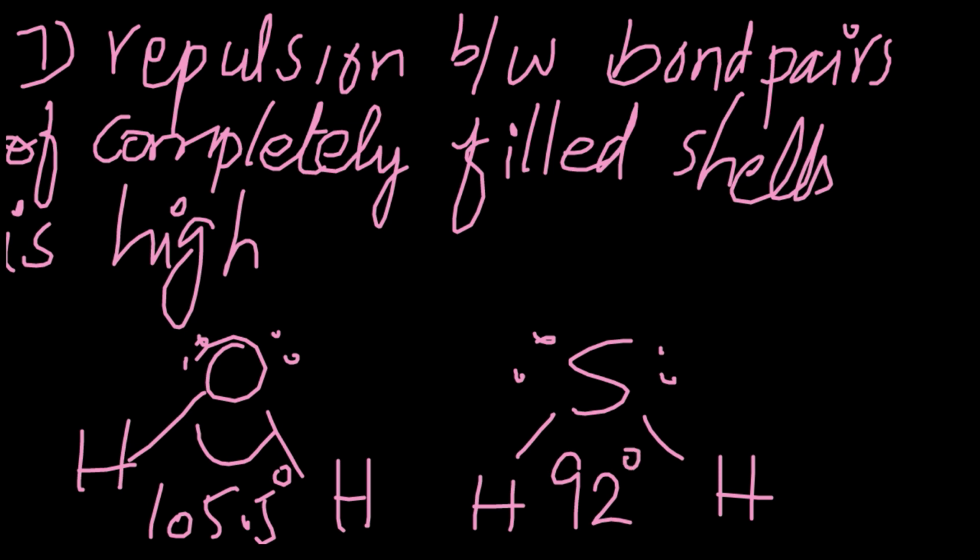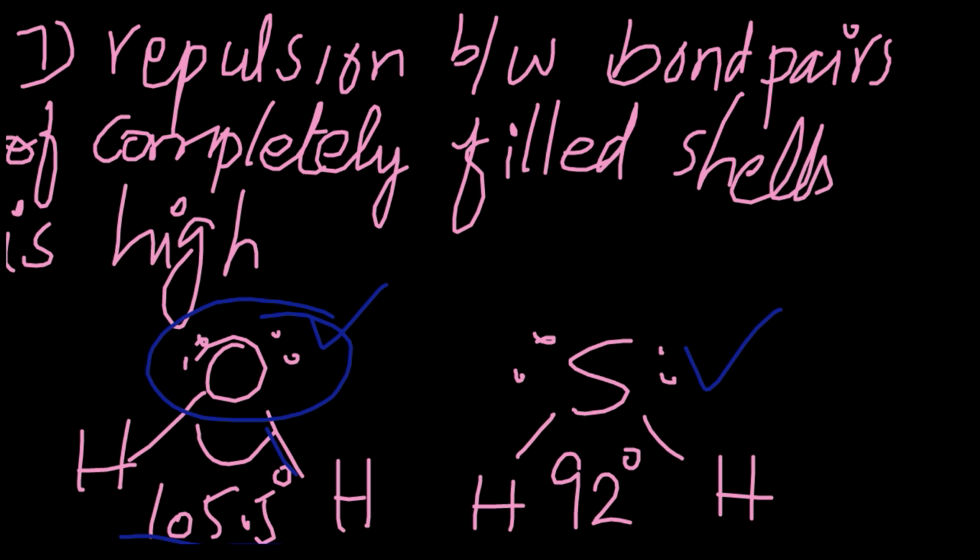Why? Because water has central atom oxygen and H2S has central atom sulfur. The valence shell of oxygen in water is completely filled, so its bond pairs will offer greater repulsion to each other. They expand, move away from each other, and the bond angle increases.